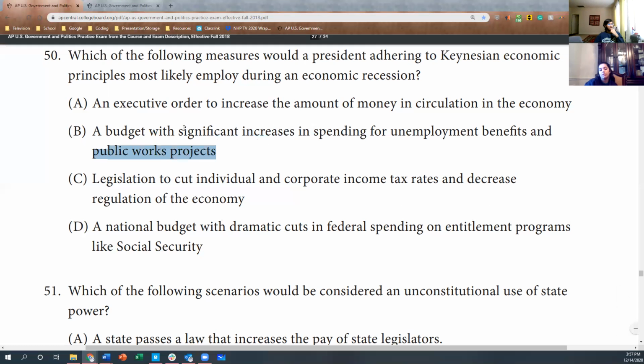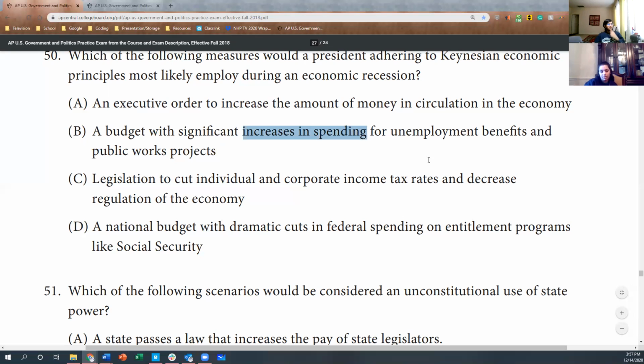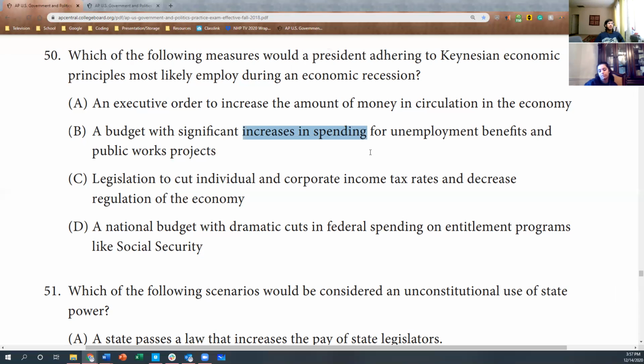It is B. 50 is B. Okay. Increases in spending for unemployment benefits. Oh, I see why. During a recession, you want to help the people, so the government puts money into the economy using spending. Okay. Yeah.